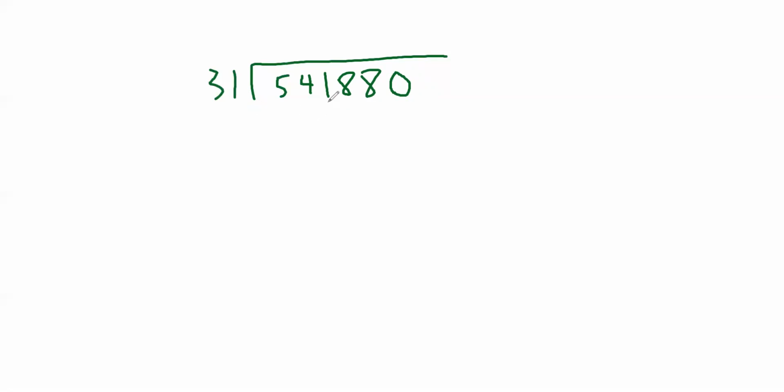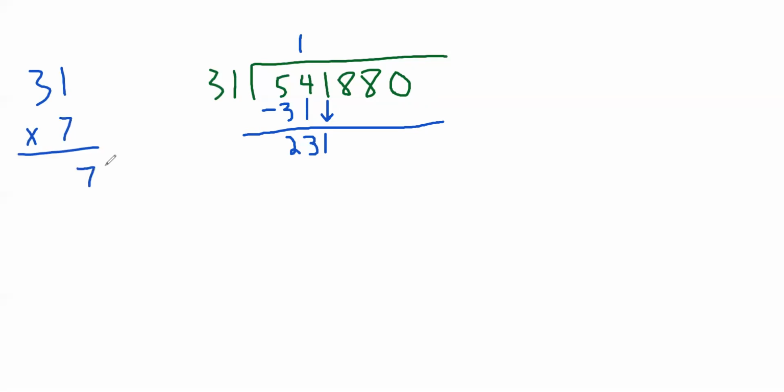So 31 will go into 54 how many times? Just once. And now we definitely don't do a 31 by 31 multiplication table. 23. Bring down the 1. How many times does 31 go into 231? It's probably not pretty. 7 times?